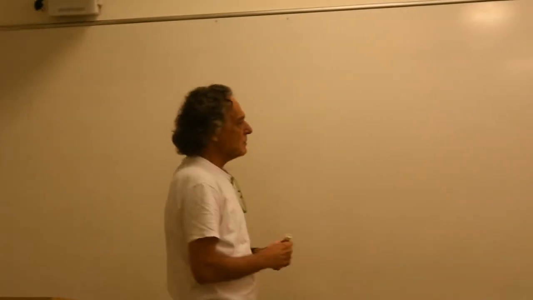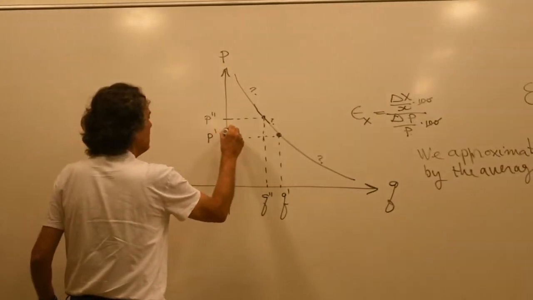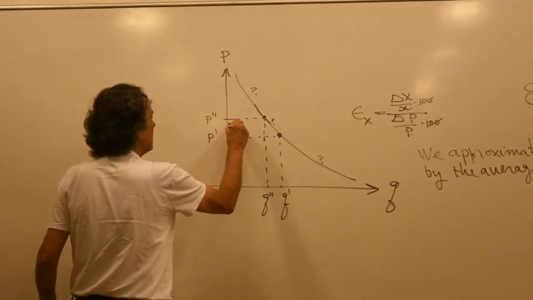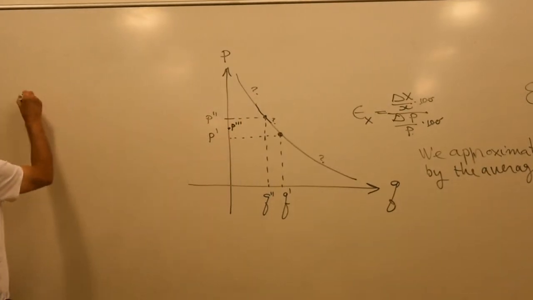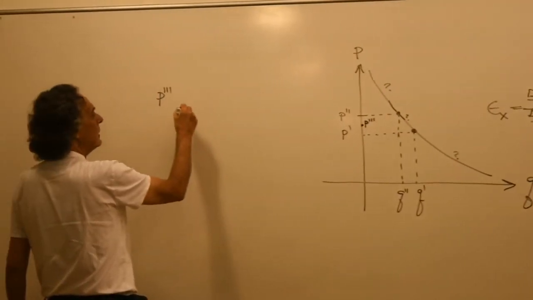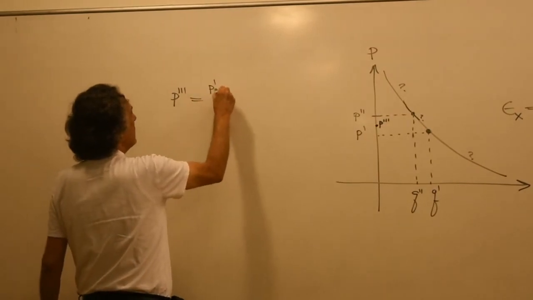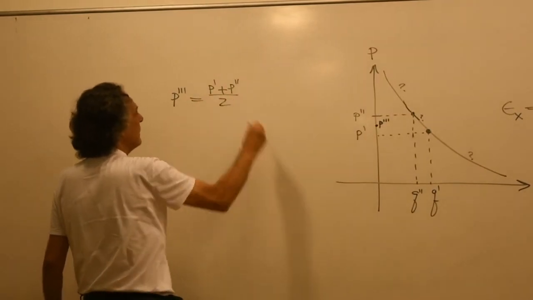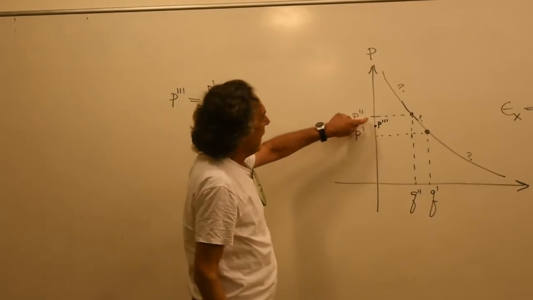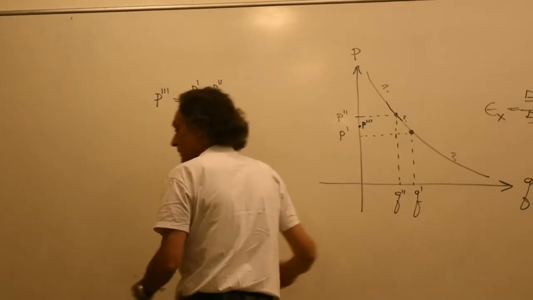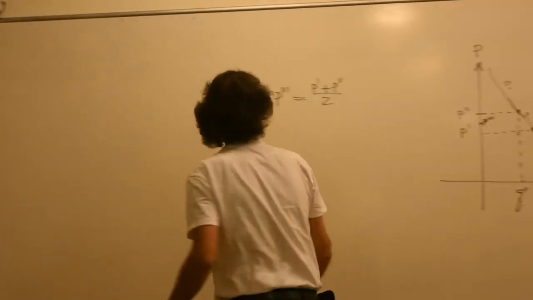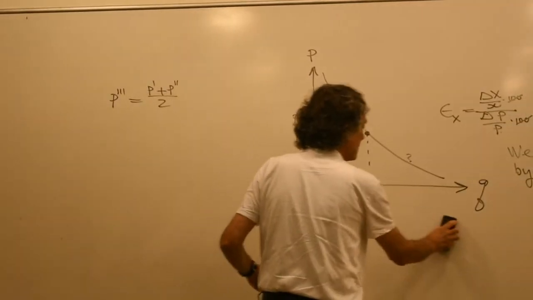You see, this works better. So let me call the middle point p triple prime, which equals p prime plus p double prime divided by 2, just the middle average of these two. And similarly, let me change it to be consistent with the x here.